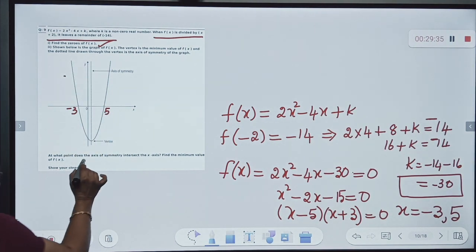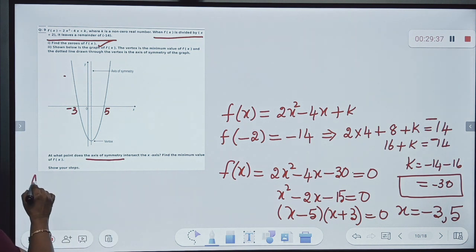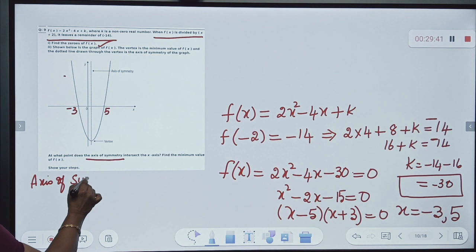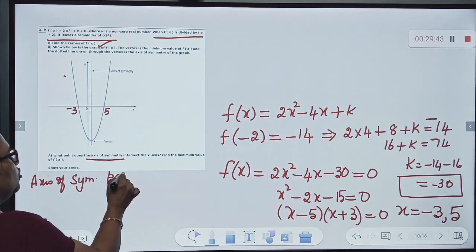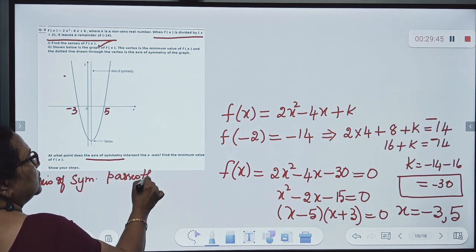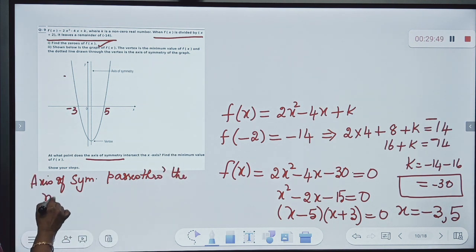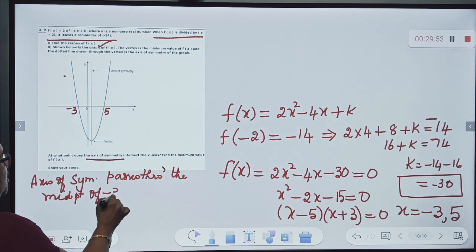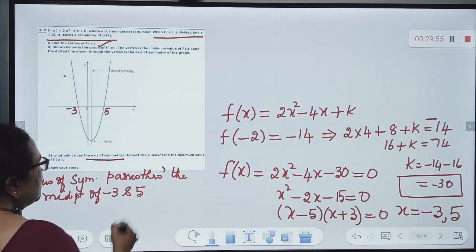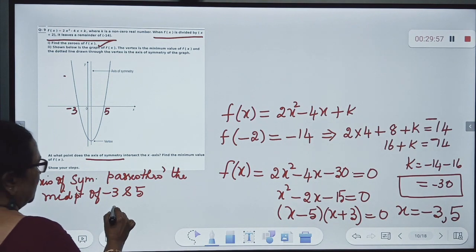So that is what is most important. Axis of symmetry passes through the midpoint of minus 3 and 5.